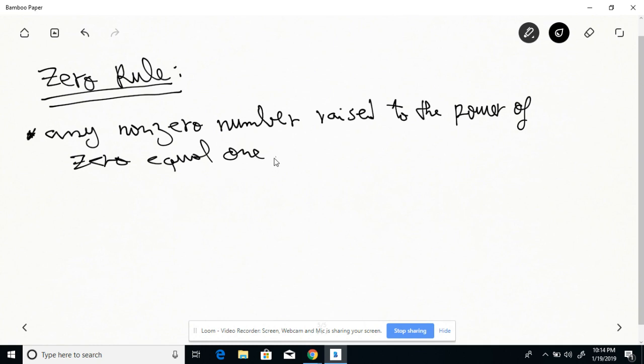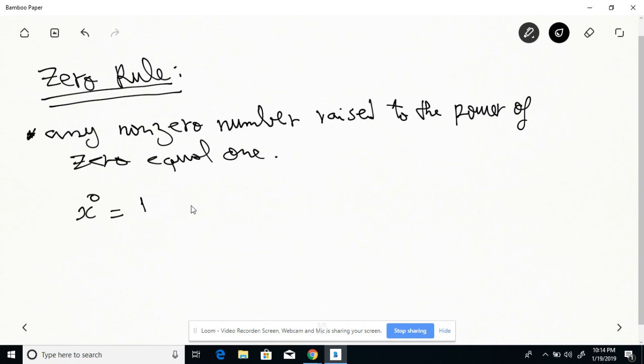Guys, if you follow the rules that I give you, believe me, you're going to resolve any problem with the exponent. So here the formula says any non-zero number raised to the power of 0 equals 1. So let's say we have x to the 0, it's going to be 1.